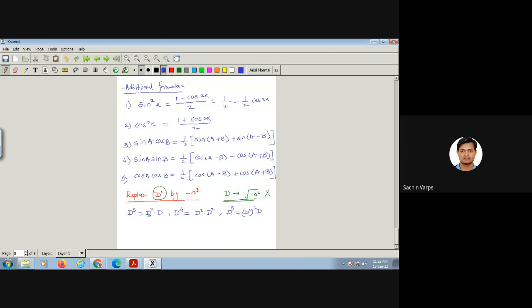Clear to everyone? Now the next question is, if d square is not there in the denominator, like 1 upon d plus 1, so how do I get that d square term in the denominator?